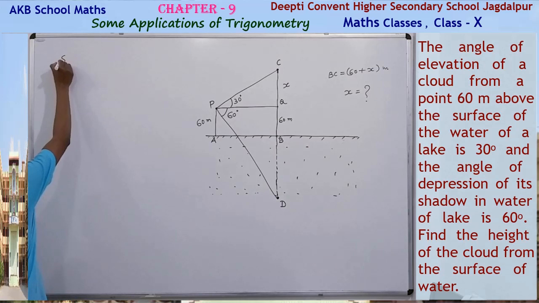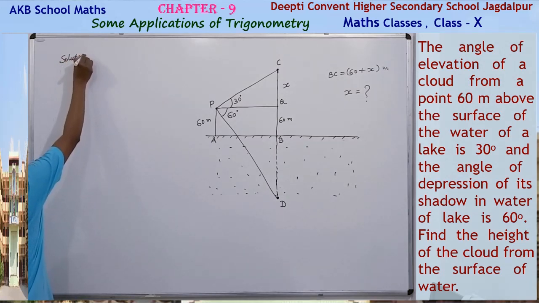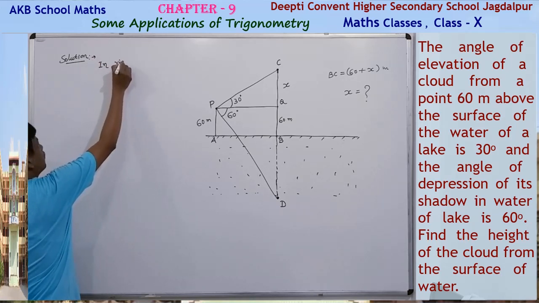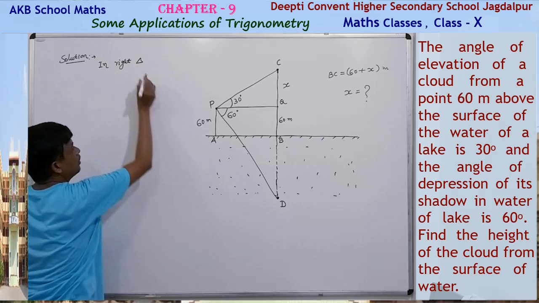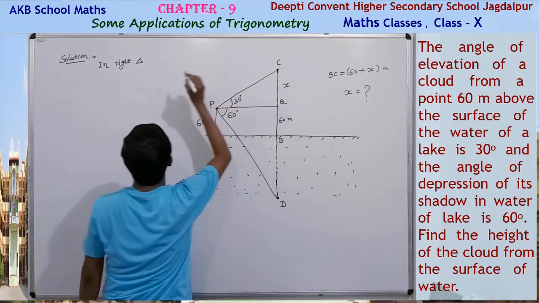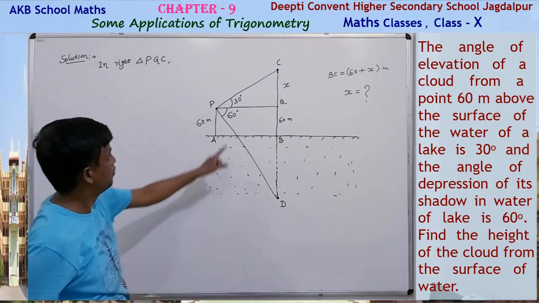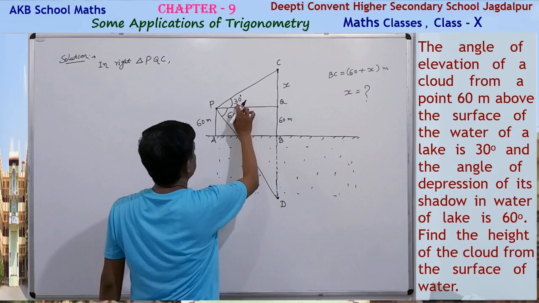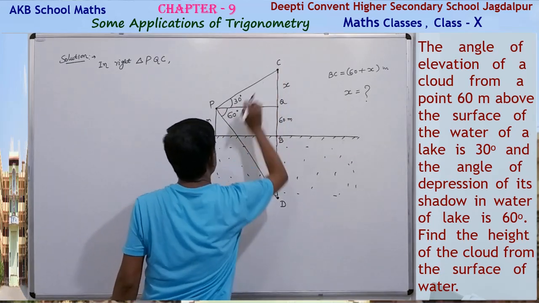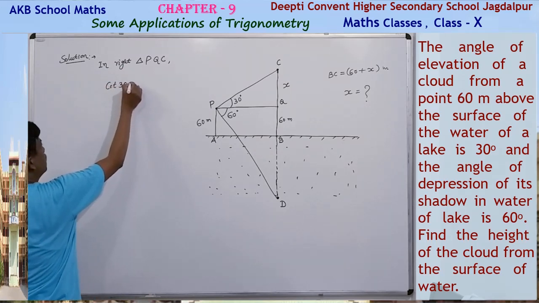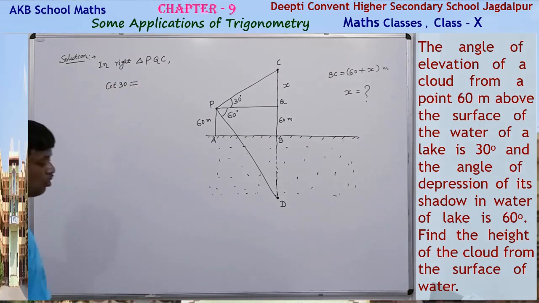Now from here, first in right triangle PQC, cot of 30 equals to what?